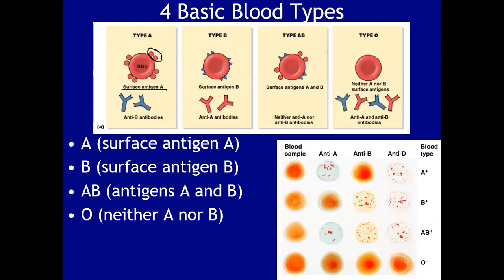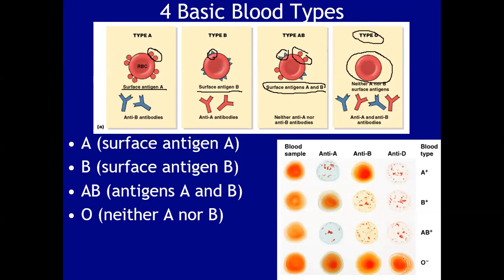If you have the little blue triangles, then you are a holder of the B antigen, which means if you have the round ones and the blue ones, then you're a holder of both A and B antigens. And if you got nothing around you, you don't have any of the antigens, okay? None of the antigens means you're type O, okay?